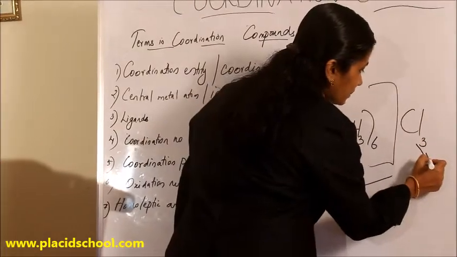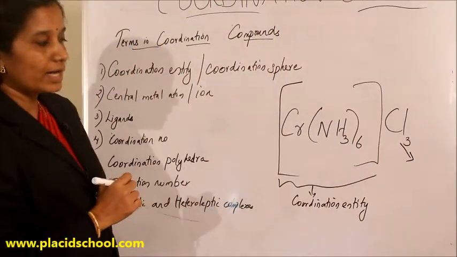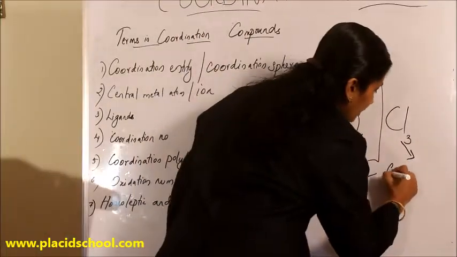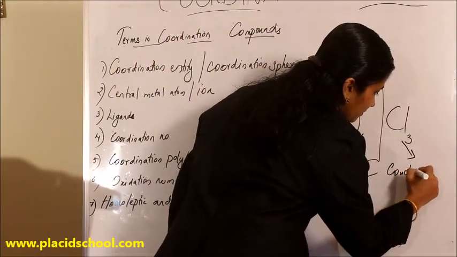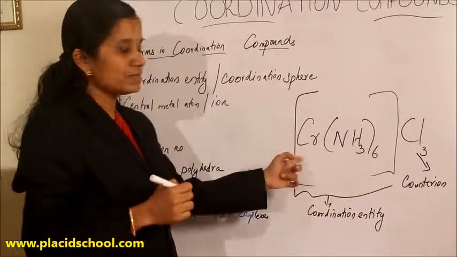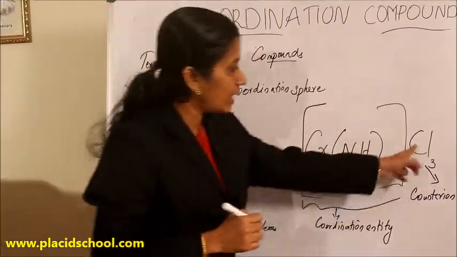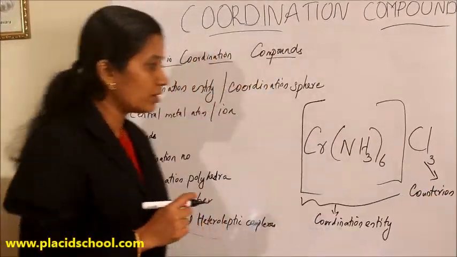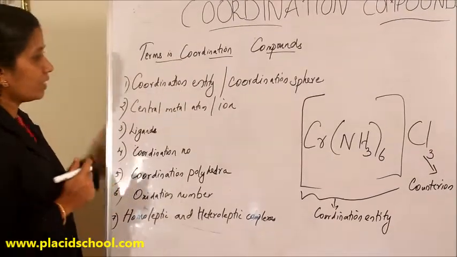Outside the coordination sphere, we can see 3 chloride ions, and these are called counter ions. So inside the sphere is the coordination entity, and the outside particles are called counter ions.